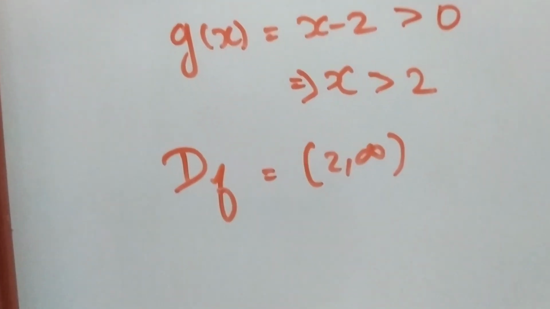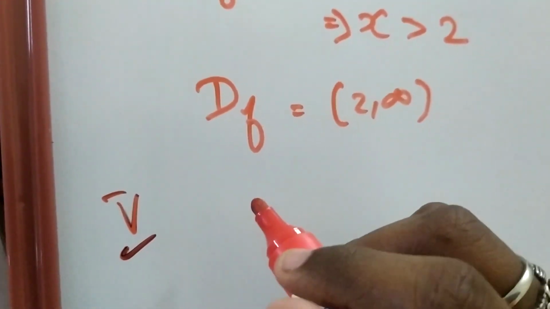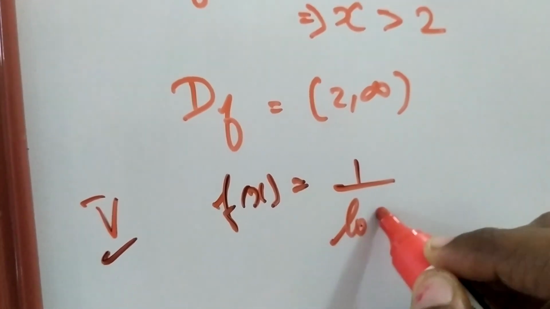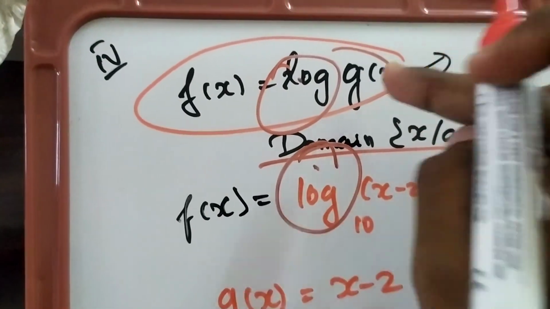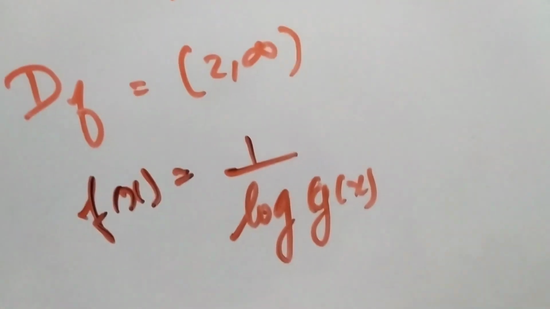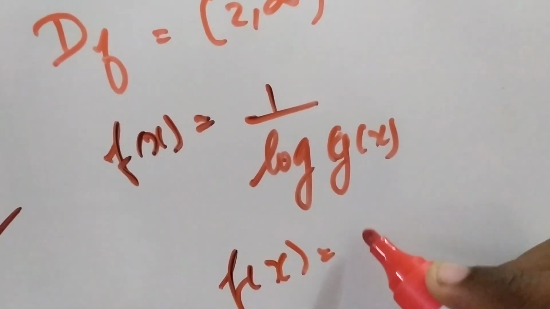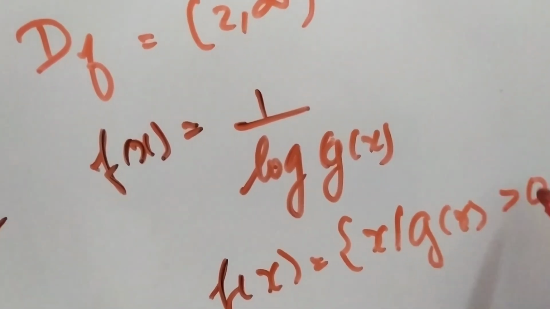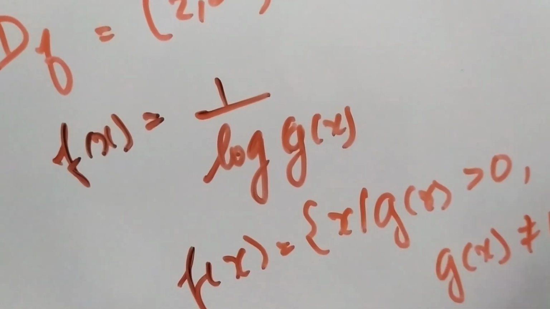Okay, suppose we are going to see the fifth one, which is if you have the function f of x as 1 by log of g of x. Okay, compare this. This is just log of g of x. This is 1 by log of g of x. Then you have to take the domain as the set of all x such that g of x should be greater than 0 and g of x should not be equal to 1.